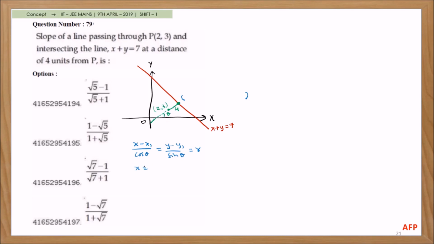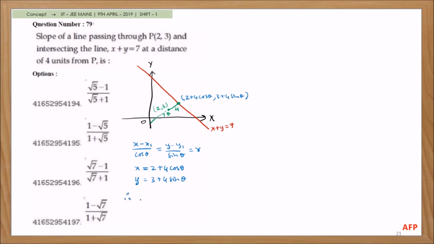So x is equal to 2 plus 4 times cos theta, the x coordinate into r distance. y is 3 plus 4 times sin theta. So here we will write the coordinates: 2 plus 4 cos theta, 3 plus 4 sin theta. This point lies on this line, so it will satisfy this equation.